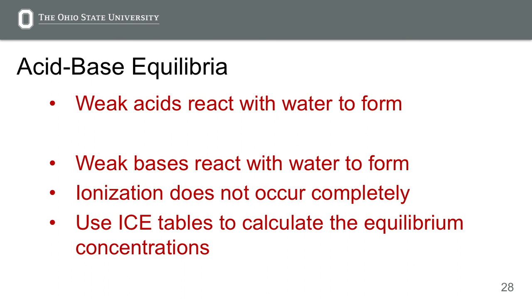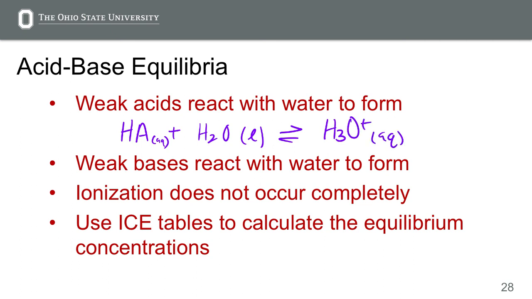So we're thinking about what weak acids react with water to form. I like to write every weak acid as an HA, monoprotic weak acid, HA. If we allow it to react with water and have an equilibrium, it's going to form H3O plus and A minus.